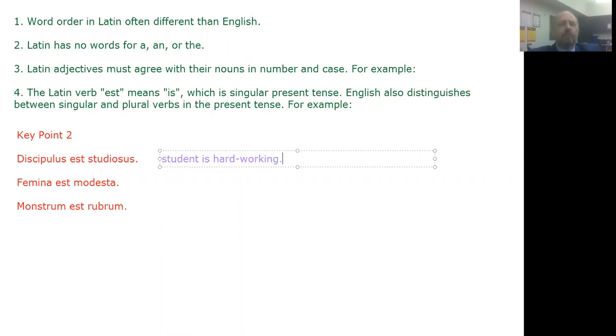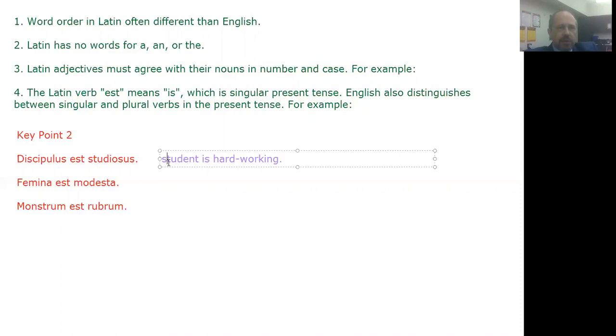Either one works, okay? Studious is a more literal translation because that's where we get the word studious from, from the Latin adjective studiosus, right? But hardworking is a definitional kind of translation. Either one's fine, okay? Now, student is hardworking doesn't work for an English sentence, all right?